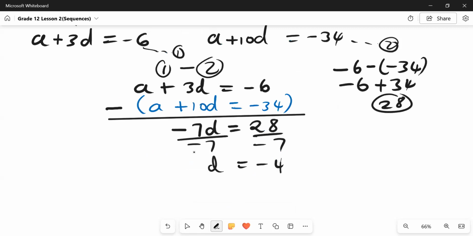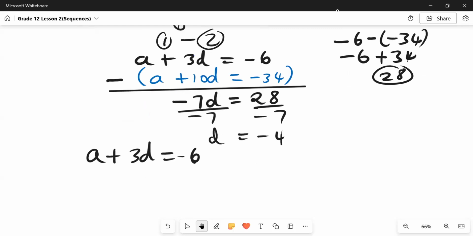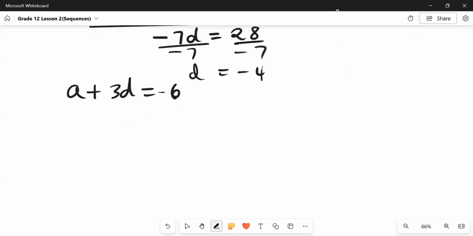After getting your D, let's substitute our D into equation 1. What is our equation 1? A plus 3D equals minus 6. Can you see, guys, that simultaneous equations are coming back? And imagine we are just working with sequences here. So you have your A plus 3 times negative 4.